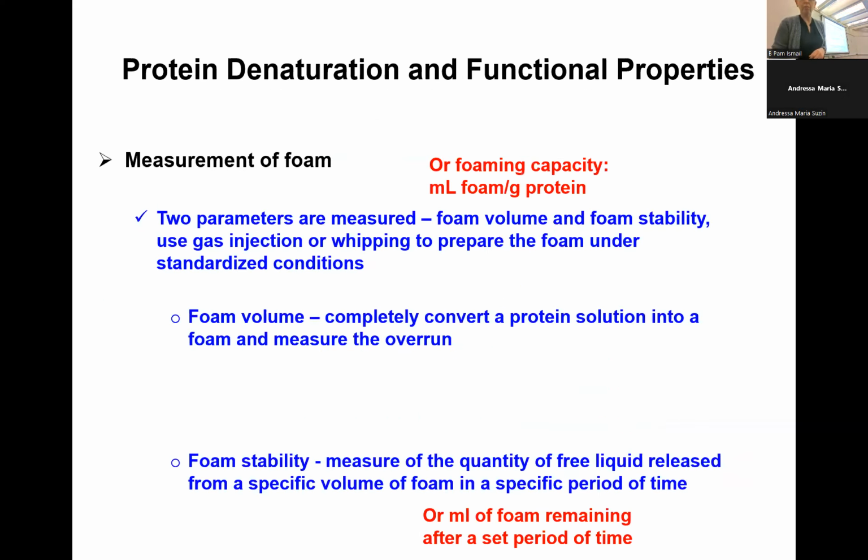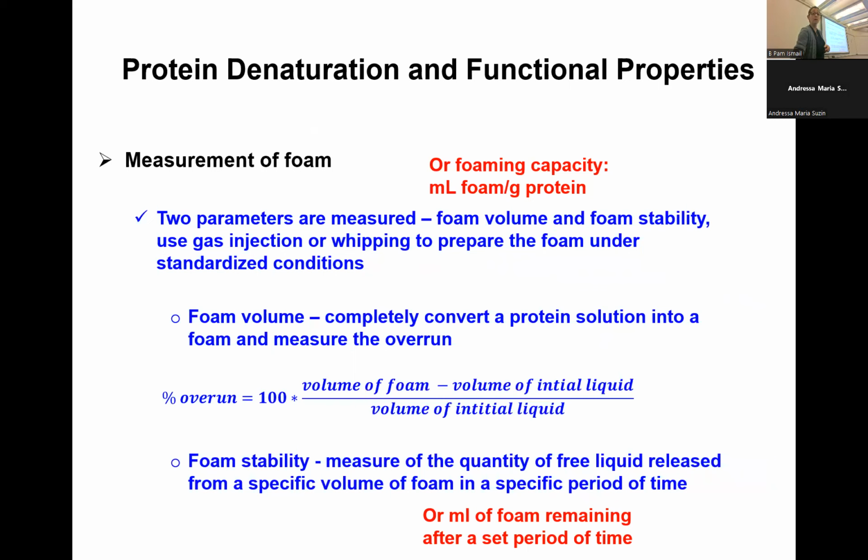So we measure foaming capacity, the amount of foam used per gram of protein, and we can measure that also by measuring the overrun, percent overrun, meaning the volume of the foam minus the volume of the initial liquid.